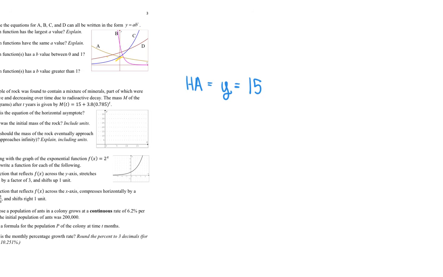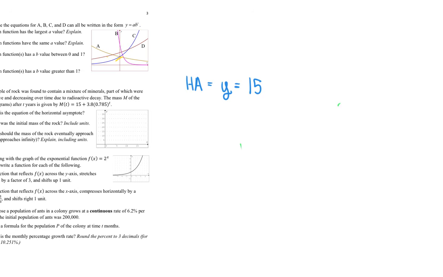Next, our initial value is going to be when t is equal to 0. So m of 0 is equal to 15 plus 3.8 times 0.785 to the 0. This term here is just equal to 1. So we have 15 plus 3.8, which is 18.8 grams.